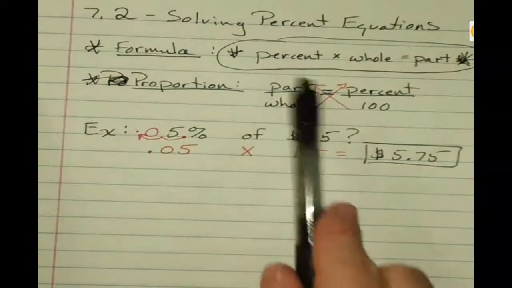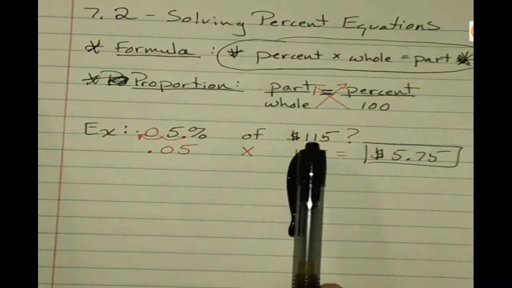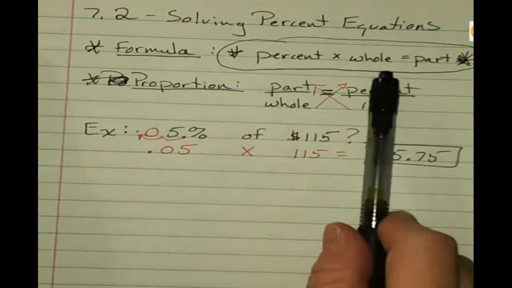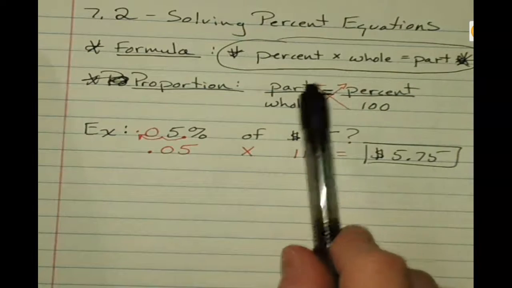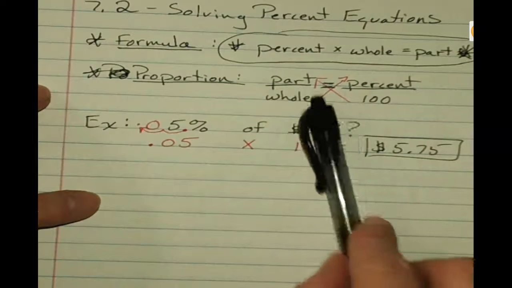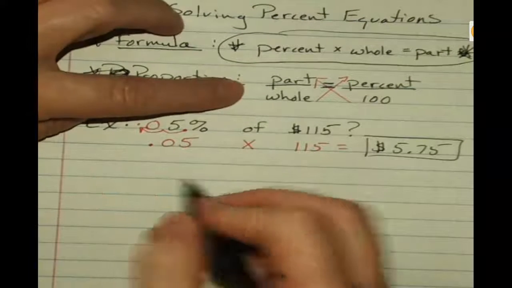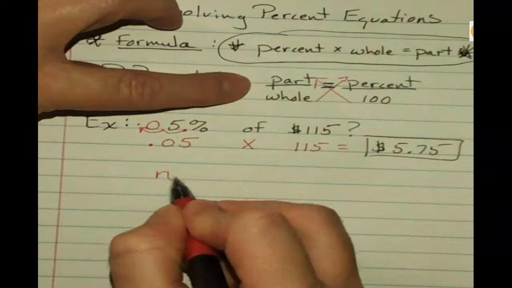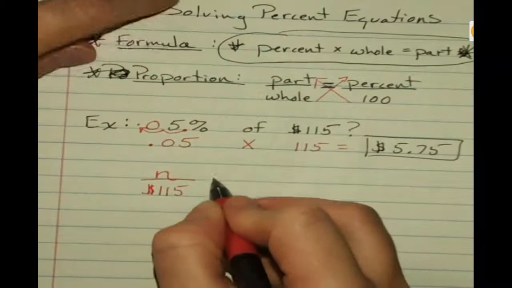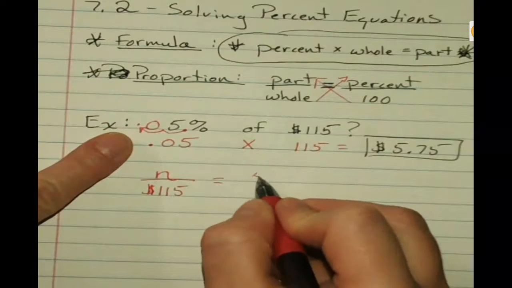So we could do it all these other ways. If you know that this is the whole, because it's 5% of something, then you would set it up like this. Or you could set it up as proportion. So if we were to do it as a proportion, right here, we would have n, in red, because we don't know what the part is. This would be n over 115 equals 5 over 100.